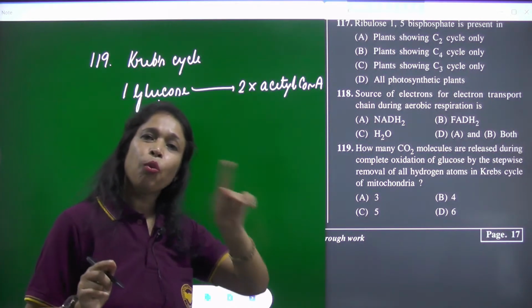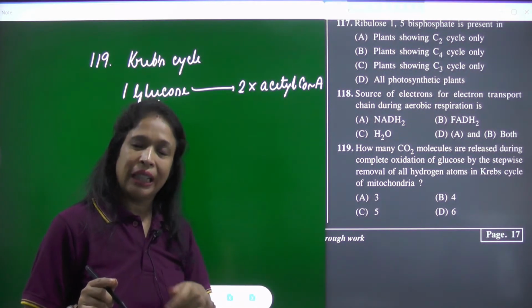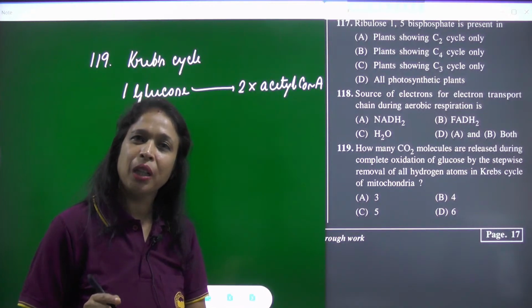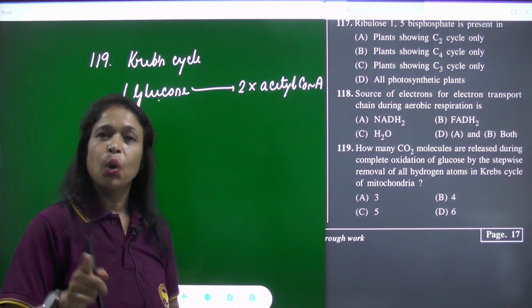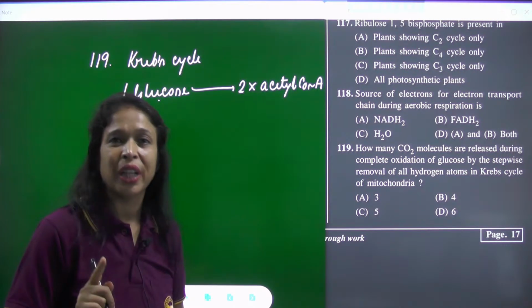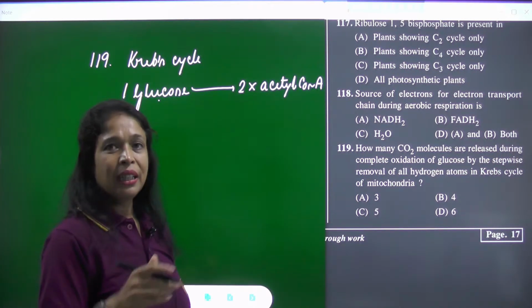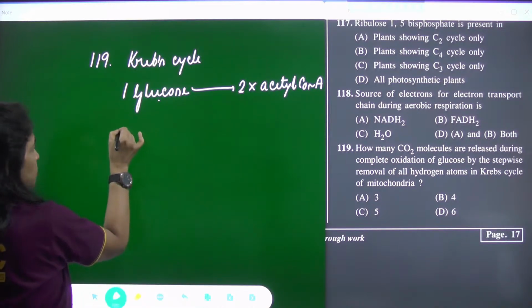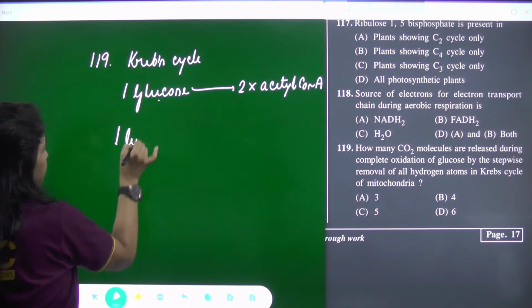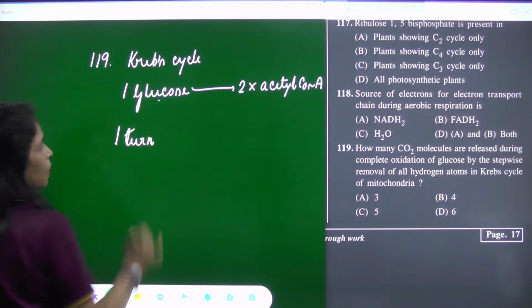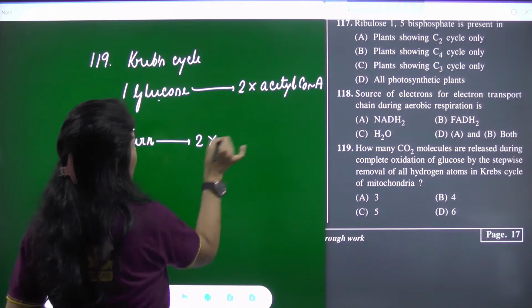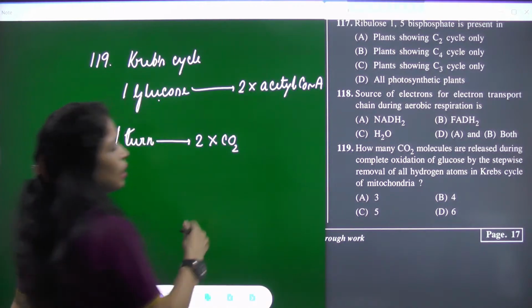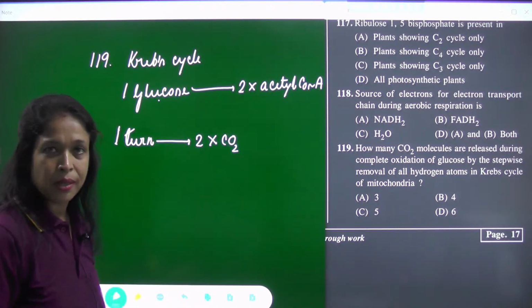Now, in each turn of oxidation, 2 molecules of carbon dioxide will be released. 2 decarboxylation reactions are there. In the first turn, 2 molecules of CO2 will be released, that is decarboxylations.